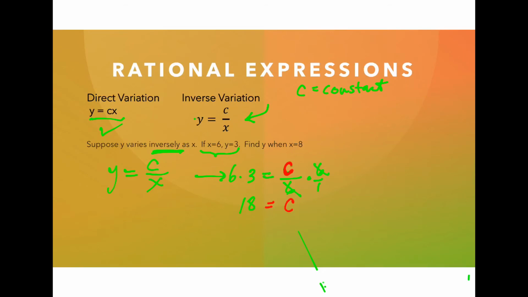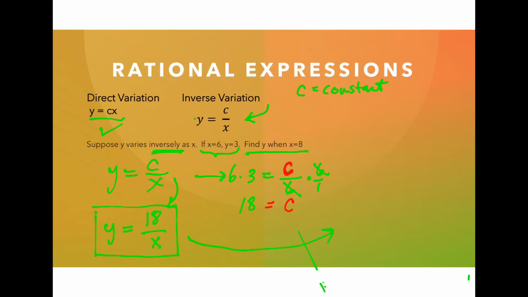So now what I have is the actual equation for this scenario. y is equal to 18 divided by x. Now in a lot of these problems, this is my rational expression, not expression, but in this case equation, because we have an equals there and more than one variable. But this is my inverse variation formula or equation for this situation. Then they usually give us another step to take.